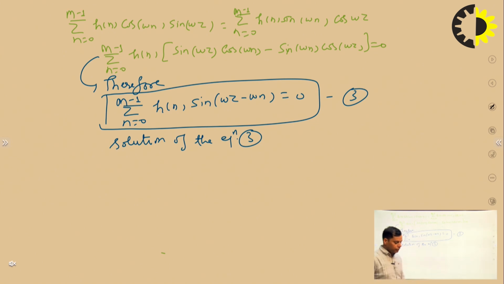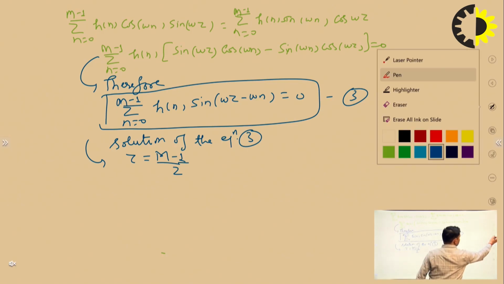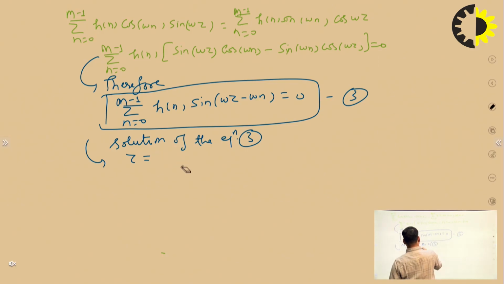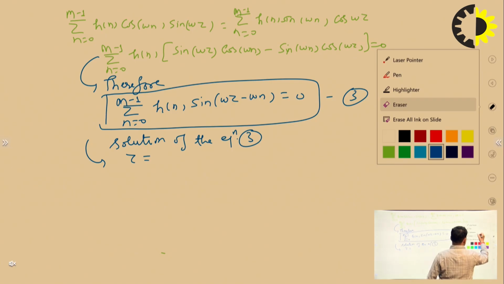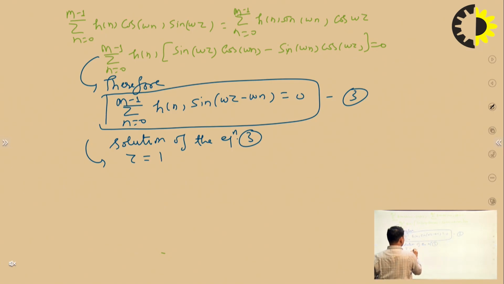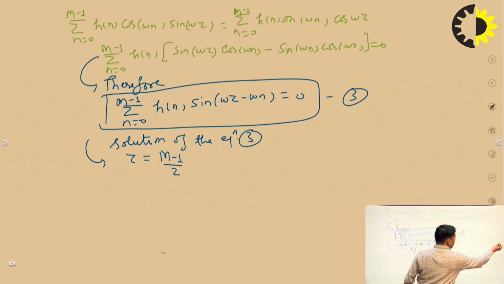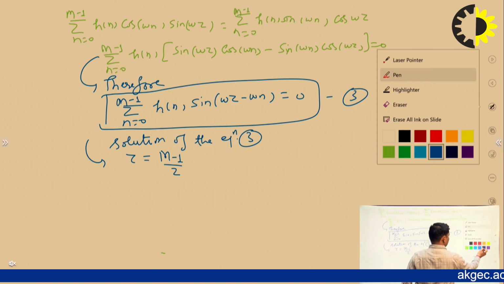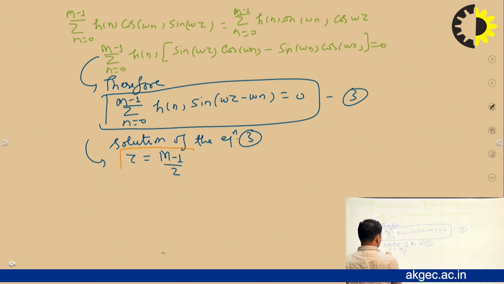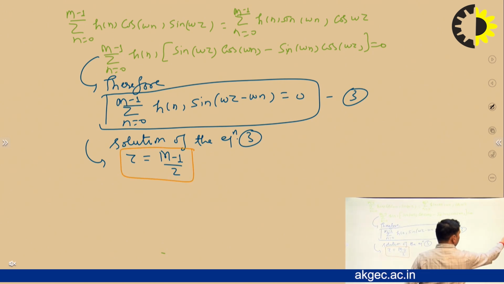The solution of this equation says that the value of tau, the phase delay, is equal to m minus 1 upon 2. That is the first result.